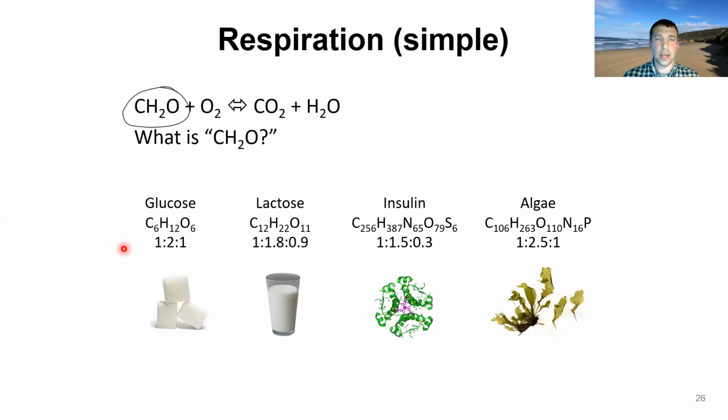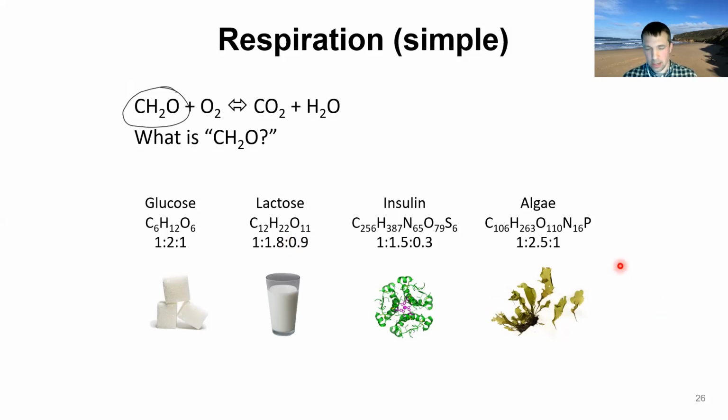And so if you look at some common organic substances like glucose, what you can see is that the ratio of carbon to hydrogen to oxygen in glucose is 1 to 2 to 1, the same as this CH2O substance. Other materials like lactose and inulin, the ratio doesn't deviate too much from that 1 to 2 to 1 ratio.